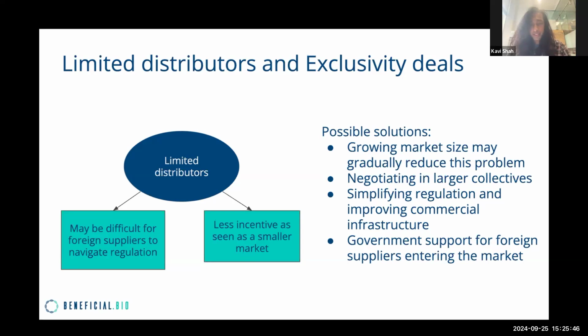Simplifying regulation and improving commercial infrastructure also can encourage suppliers to directly deal in the local market. And finally, government support for foreign suppliers entering the market could be a possible solution. And all these together could reduce the problem of having exclusivity deals with limited distributors.